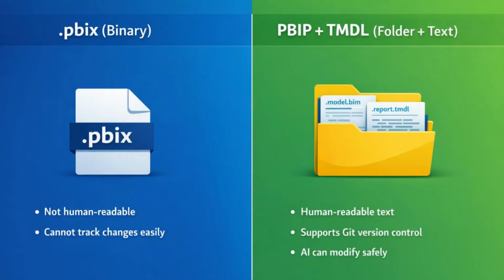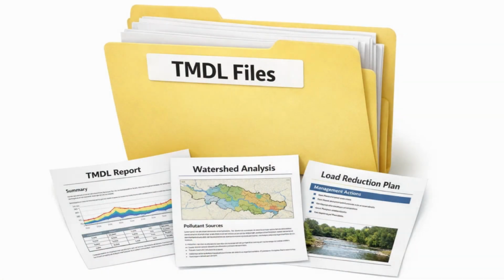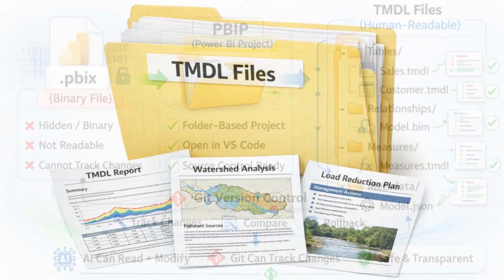So PBIP converts your model into a folder-based project, and inside that folder is something called TMDL, Tabular Model Definition Language. And TMDL is a human-readable version of your model, okay? So think of it exactly as you see it on the screen right now, a structure of files inside a folder.